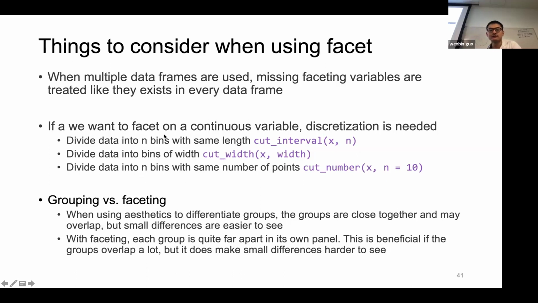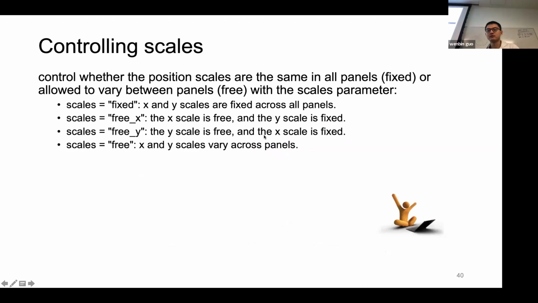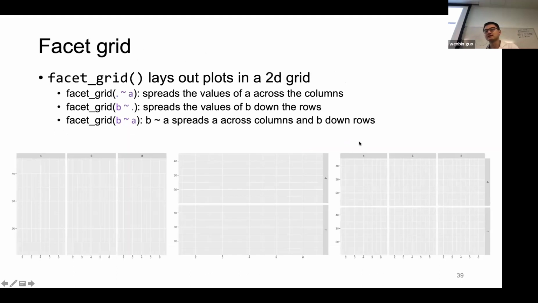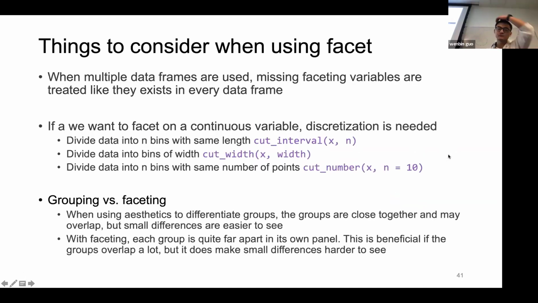And if you want to facet on a continuous variable, because what we've seen before is a discrete variable, you need to do the discretization first. So here are some useful functions you can use: cut interval, cut width, or cut number.